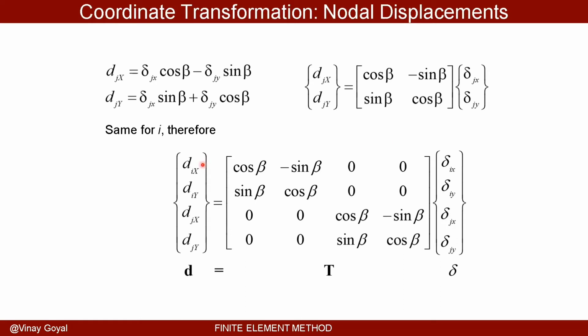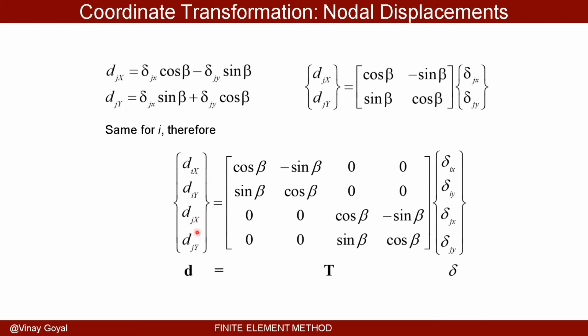And what I'm going to do, I'm going to put everything in a column vector. And I'm going to say, okay, well, for node I have d_ix and d_iy. Remember that's for node I; the single truss element has two nodes, I and J. So for node I have these two deflections in the global coordinate system, which is more useful for me.